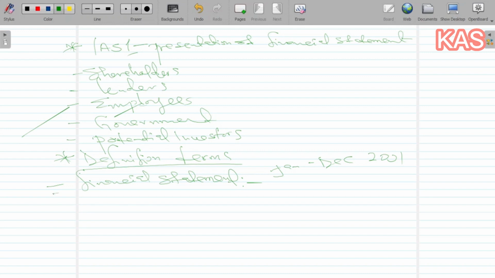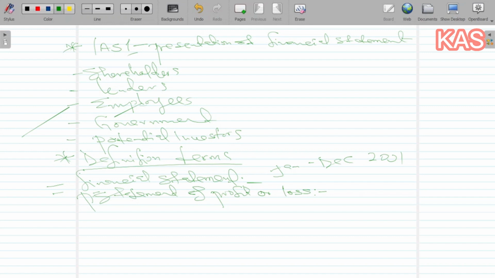Secondly, we are going to look at the statement of profit or loss. This statement of profit or loss shows the profit earned or loss incurred by a business entity during a specified period.